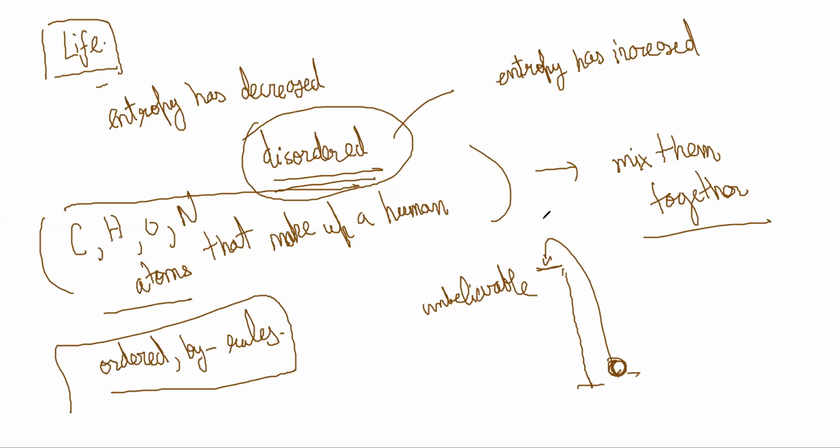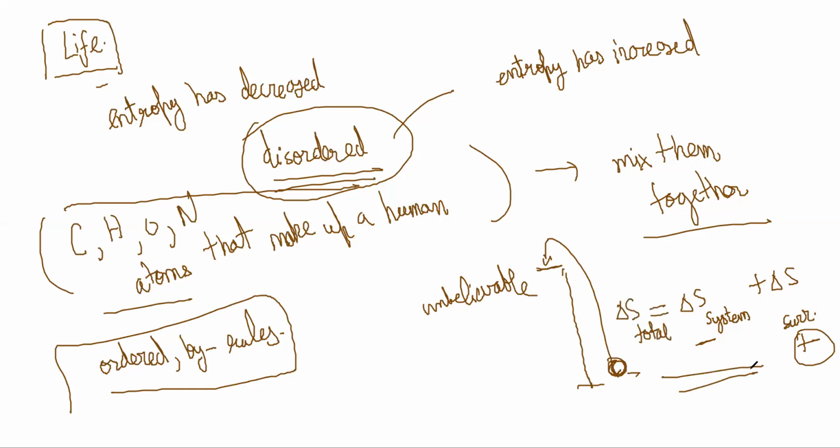Life is also decreasing its own entropy. The alive body is more ordered than anything dead with the same constituents. So this is an example where delta S system is decreasing, negative, but delta S surroundings is more, so delta S total has increased.